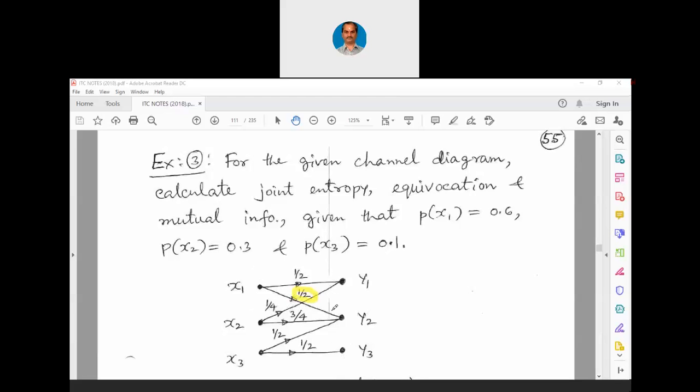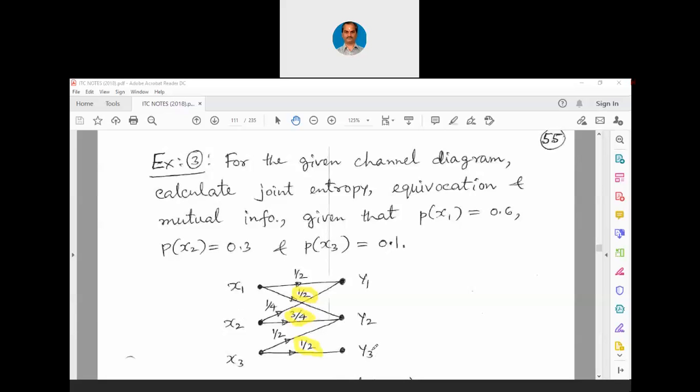That means you can easily find out P of y2 slash x1 as 1 minus P of y1 slash x1. Similarly, imagine this I am not giving. Let us say P of y2 slash x2 I am not giving. I am only giving this P of y1 slash x2. But y3 slash x2 is not at all there. You can find out P of y2 slash x2 as 1 minus 1 over 4, straightforward. Similarly, I need not give you this also.